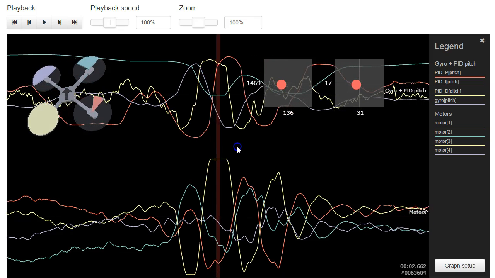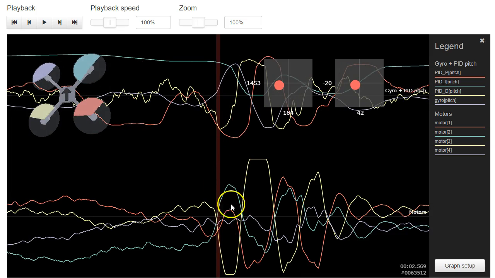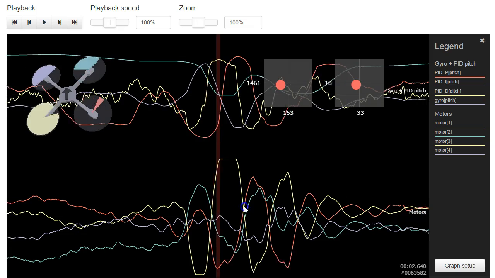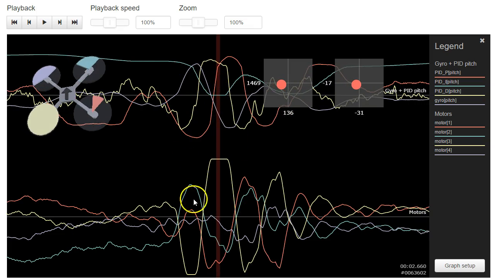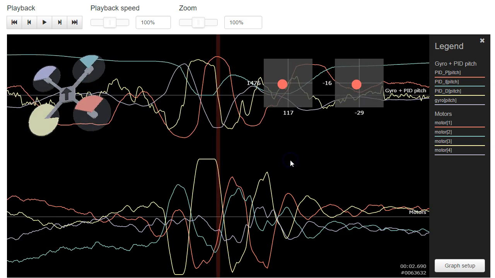So we got a little bit of a chicken and the egg here. Is there something wrong with a motor that resulted in the destabilization that then made the copter have to try to respond to it? Or did something happen to cause the gyro to move that the motors then responded to? And I feel like the answer is that something external happened to cause the gyro to move.